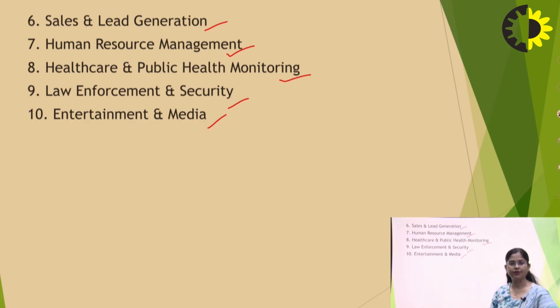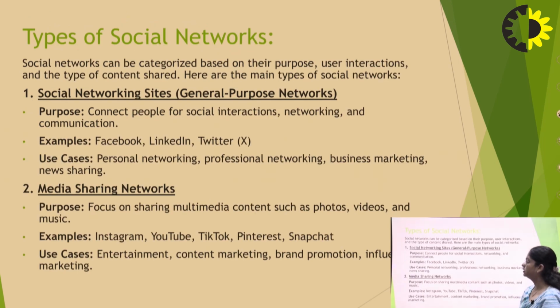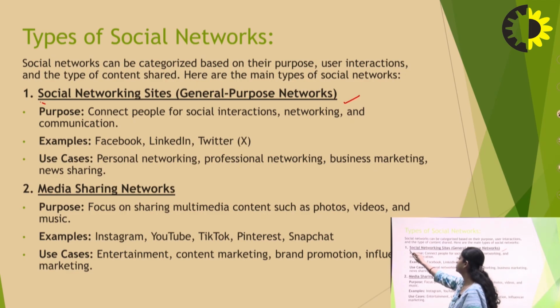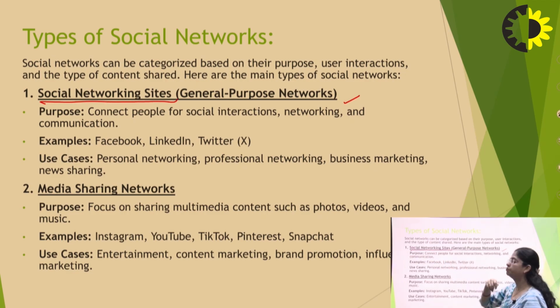Next, what are the different types of social networks? According to their use, according to their purpose, according to user interactions, we define the types of social media. The first is social networking sites, that is general purpose networking. This is simply the platform you use to connect, for example Facebook, LinkedIn, Twitter.